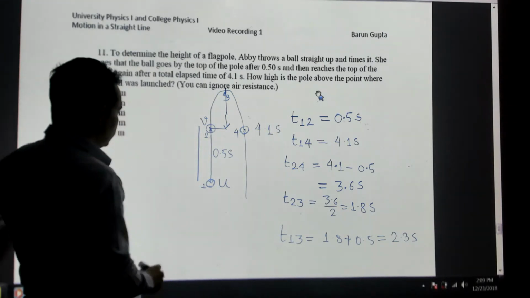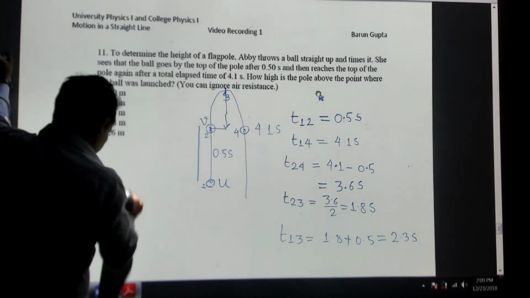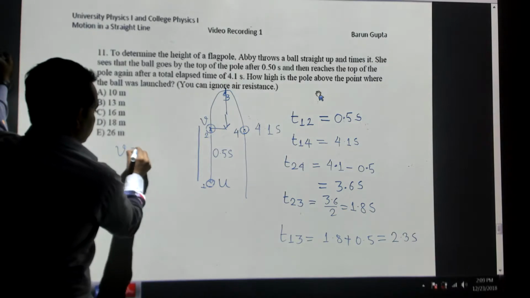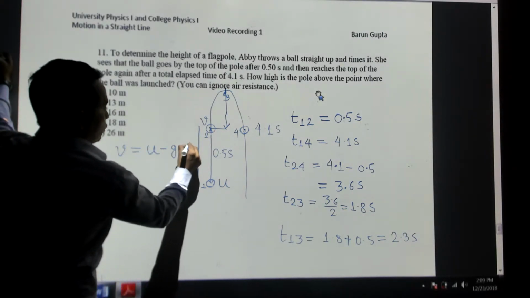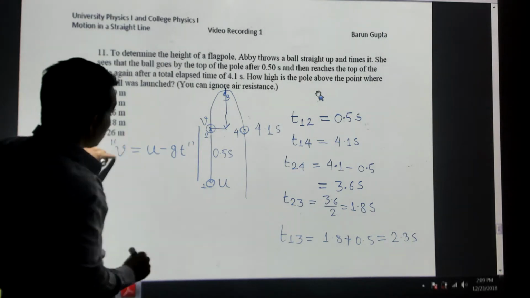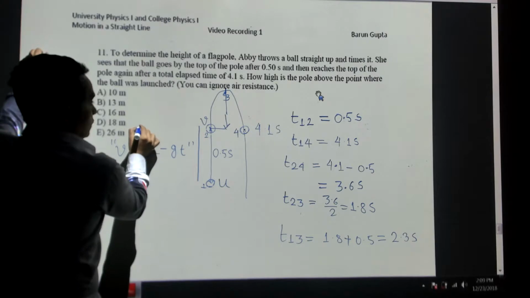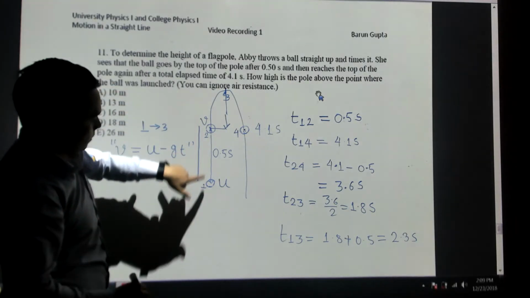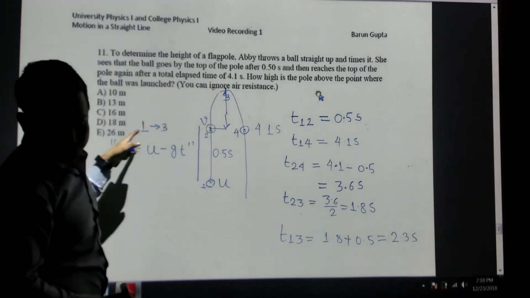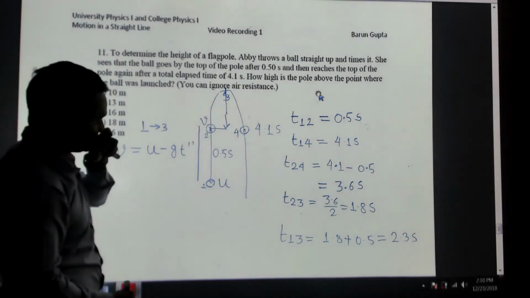So how are we going to do that? I'm just going to use this equation here. This velocity is at the peak, because I'm solving from point 1 to point 3.